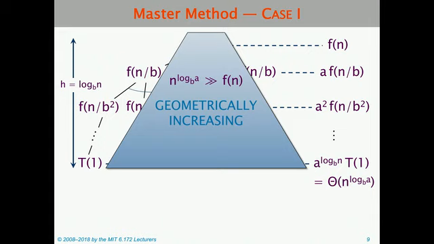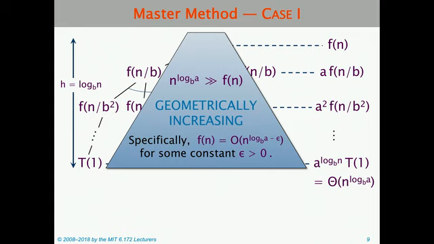By much bigger, I mean it's bigger by a polynomial amount. In other words, there's an epsilon greater than 0 such that the ratio between the two is at least n to the epsilon. In other words, f of n is O of n to the log base b of a minus epsilon, which is the same as n to the log base b of a divided by n to the epsilon.